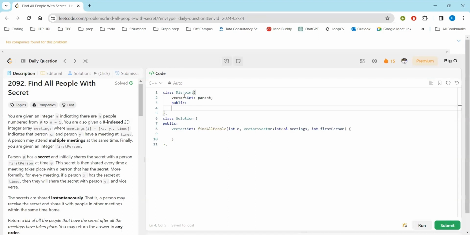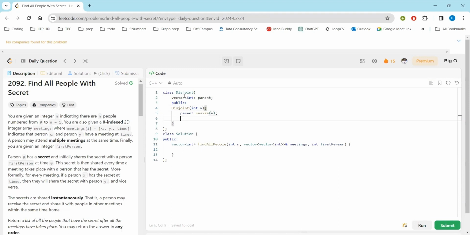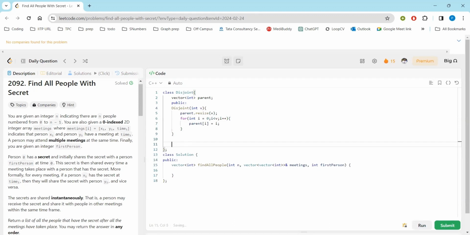Now I will keep it public. As we have discussed, the ultimate parent initially for each person will be itself. So we have marked parent of i as i.